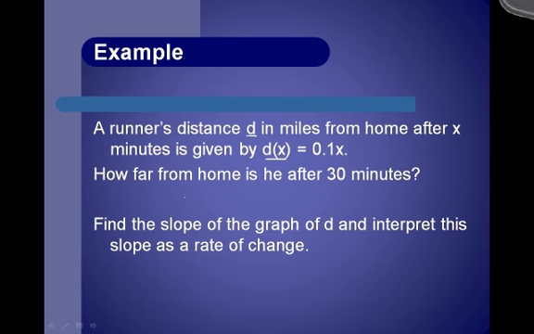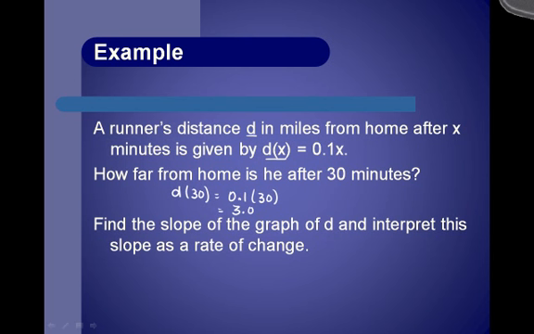So after 30 minutes, find d of 30, which is 0.1 times 30, or 3.0. That means after 30 minutes, the runner is 3 miles from home.